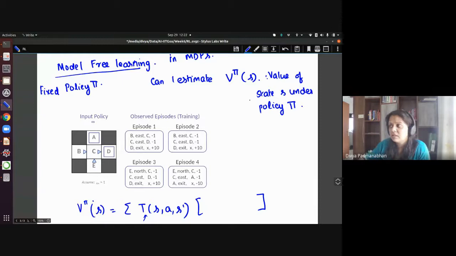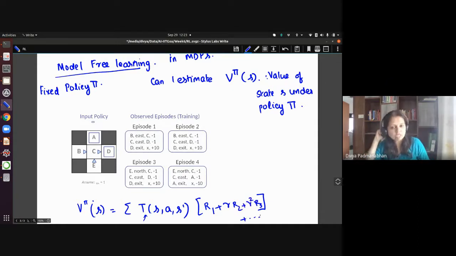Remember, even before we talked of these computations, we discussed what this value function is. You had this notion of discounting. Essentially it was the first reward you got plus gamma times the reward at the next stage, so r1 plus gamma times r2 plus gamma square times r3, like that.